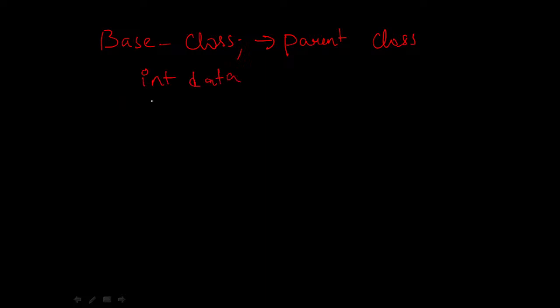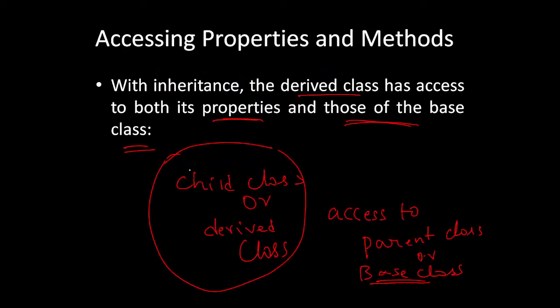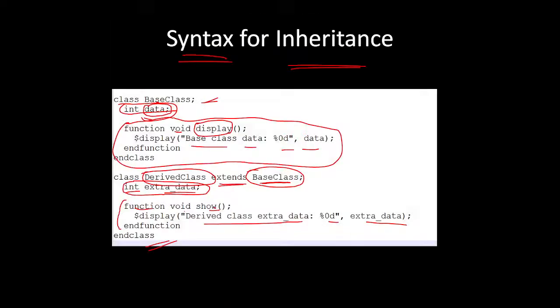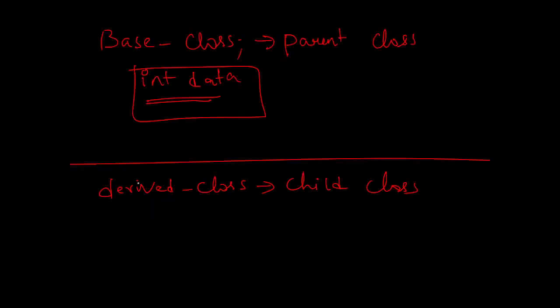This is a property which we have in the base class. And we have a child class called derived_class, which is derived from our base class. It has a property called extra_data.